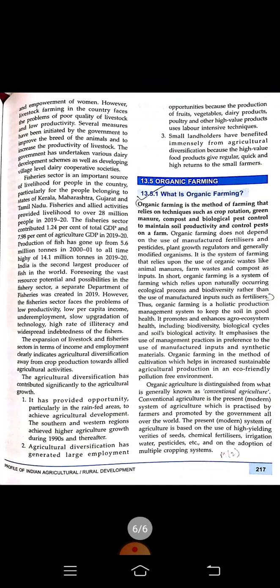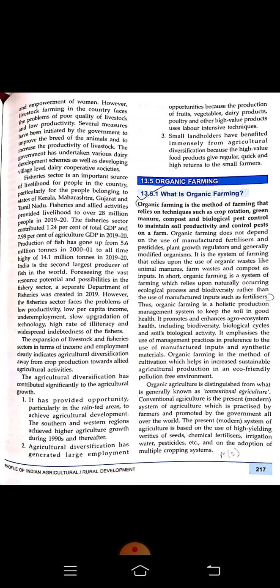Organic farming is a method of farming that relies on techniques such as crop rotation, green manure or compost, and biological pest control to maintain soil productivity and control pests on the farm. You can also say that organic farming does not depend on manufactured or chemical fertilizers, pesticides, plant growth regulators, and so on.